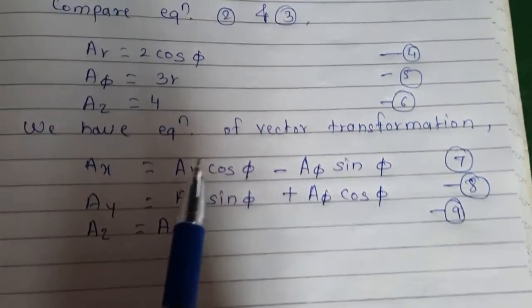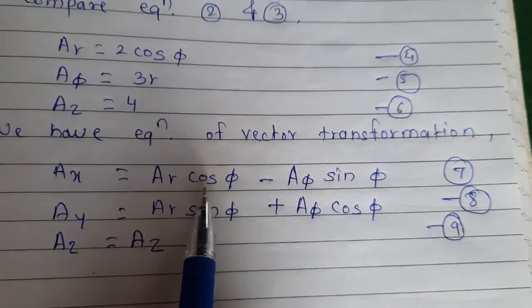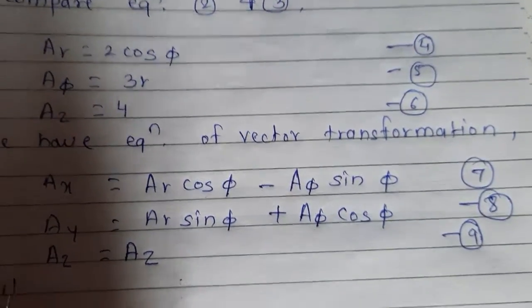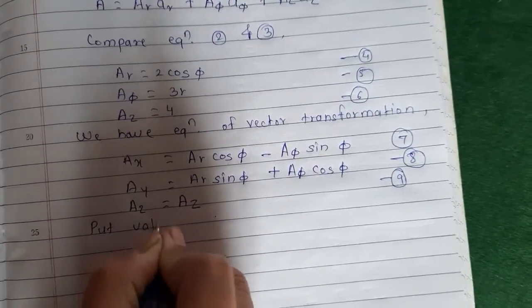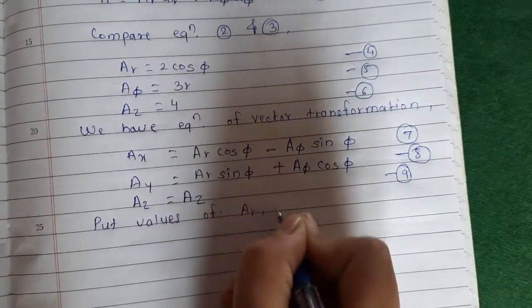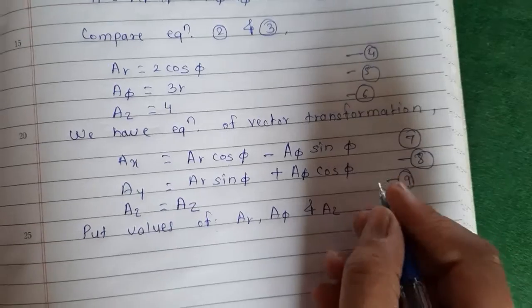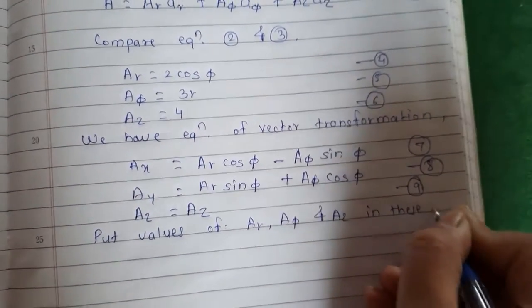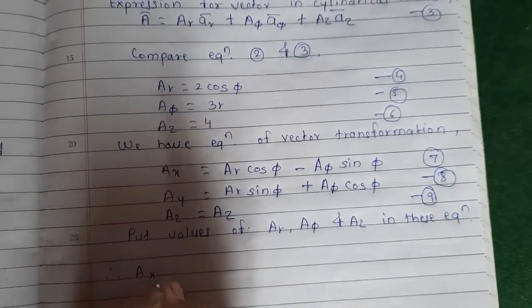Now we will put the values of ar, a phi and az in these three equations, that is in above equations 7, 8, 9. So therefore Ax, what is Ax?